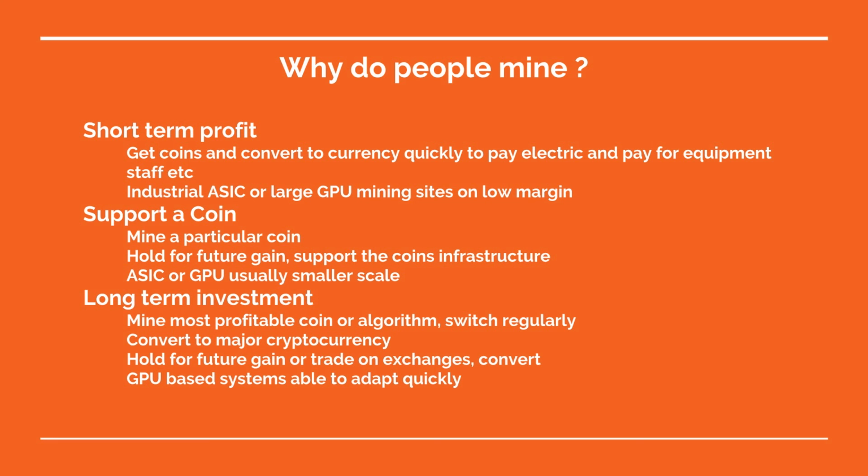So they may be developers or just have an intrinsic interest in that particular coin's success, so they will just mine the one coin. This is often done by ASICs or GPUs on a smaller scale, where they're not interested in the return on investment. They are just supporting the coin, either for long-term future gain or just as support. So they're not really worried about upgrading or changing or manipulating the system to move to a different algorithm.